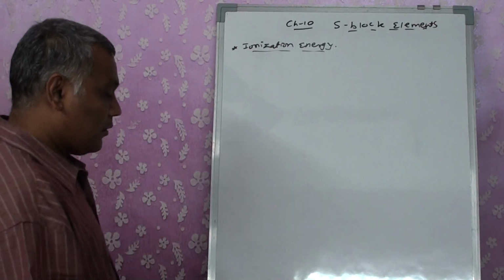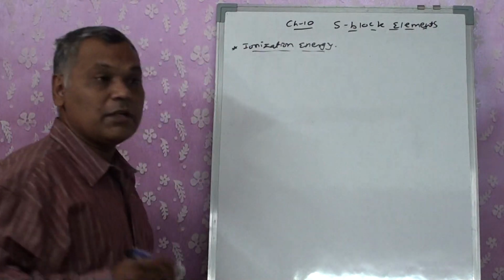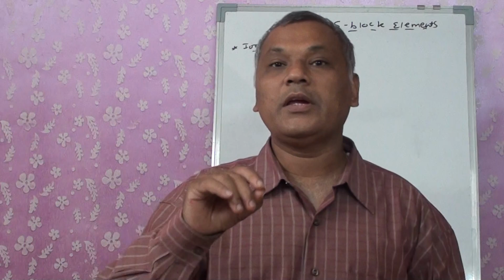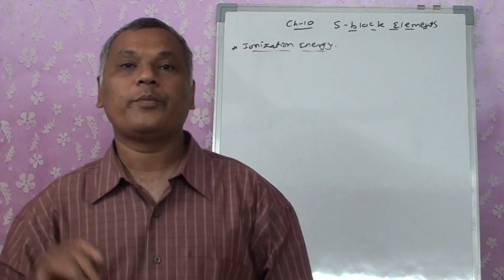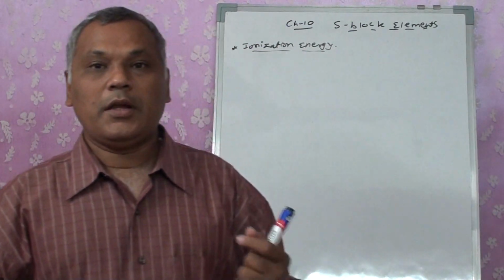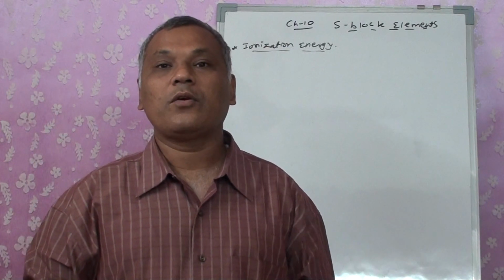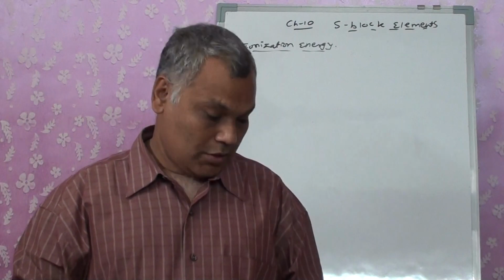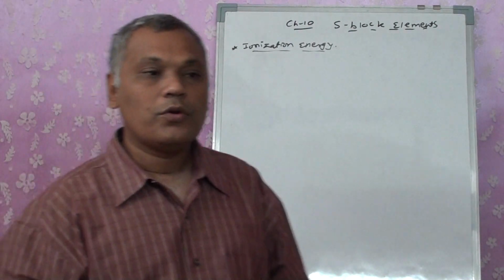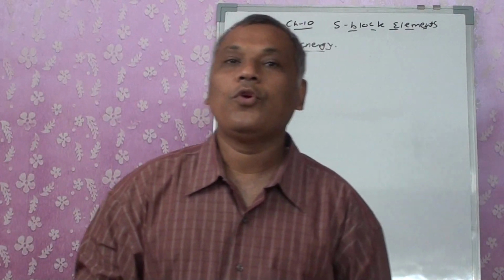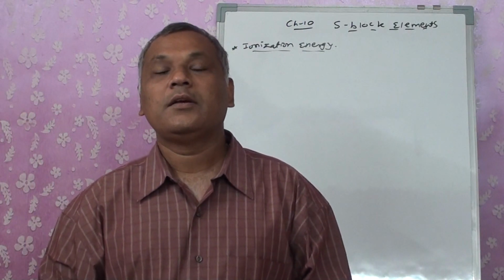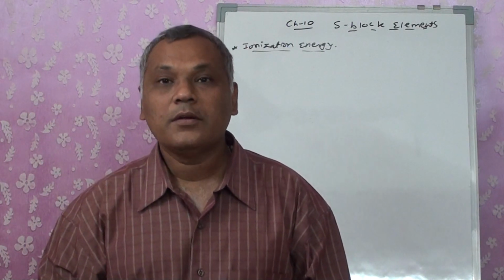Okay, let's see what an ionization energy is. Ionization energy means the amount of energy required to remove the electron from its outermost orbit, right? Now if the attraction is more, the energy required will be more. If the attraction is less, the amount of energy required will be less.